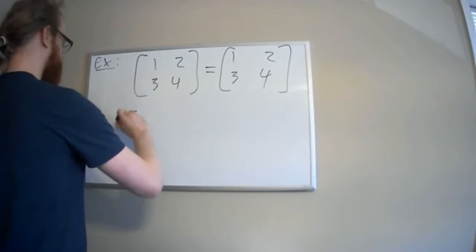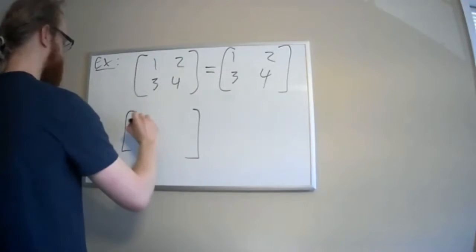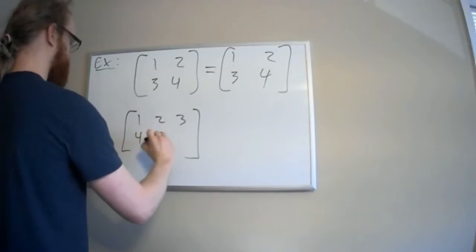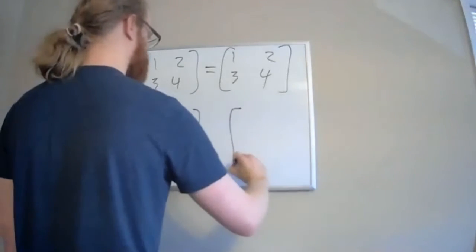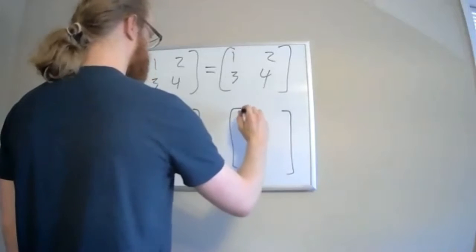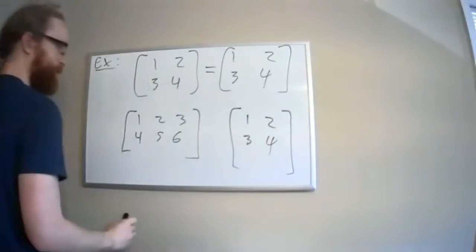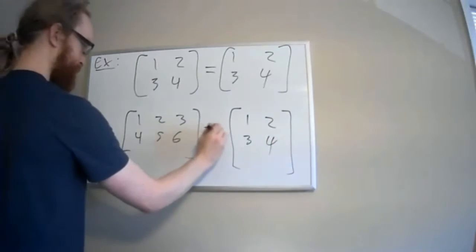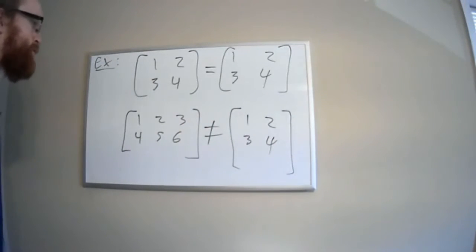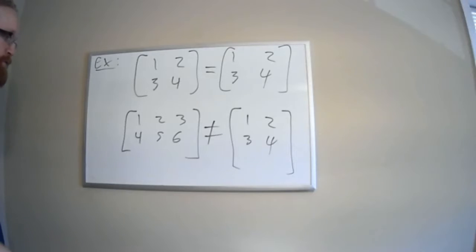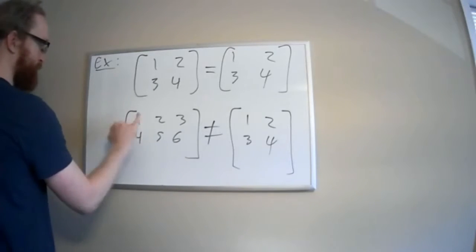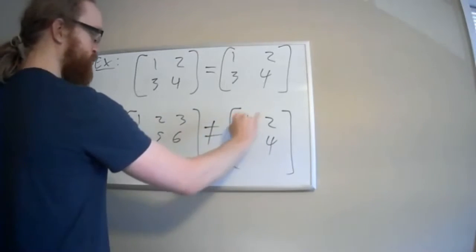Let's see an example of things that are not the same. That'll work. These two are not the same, and the reason being, they have different dimensions. This one has 2 rows and 3 columns. This one has 2 rows and 2 columns.